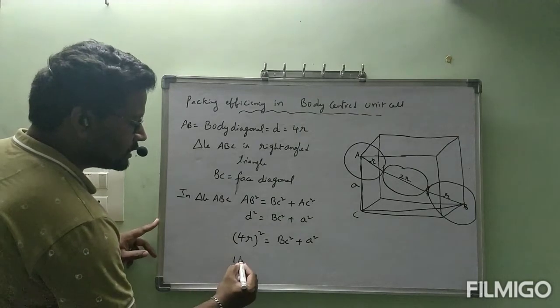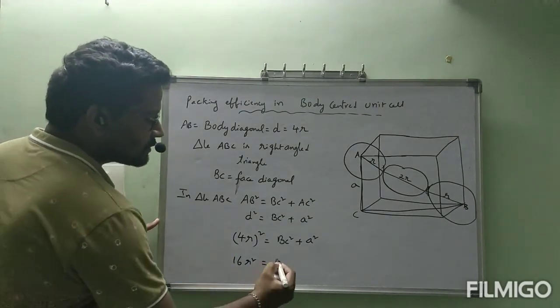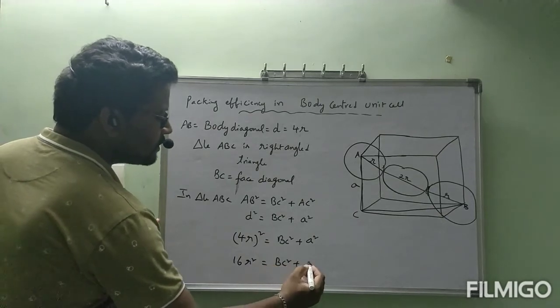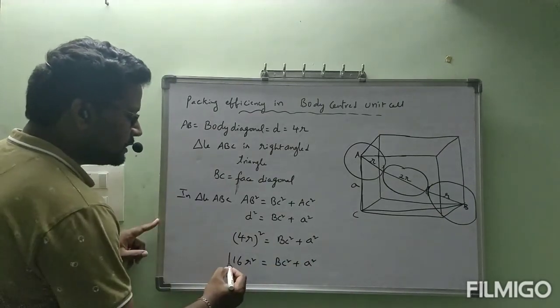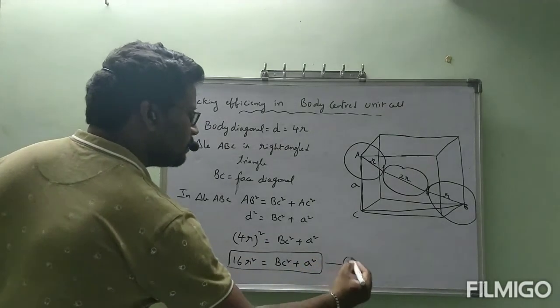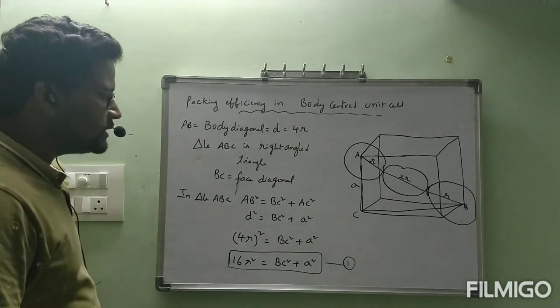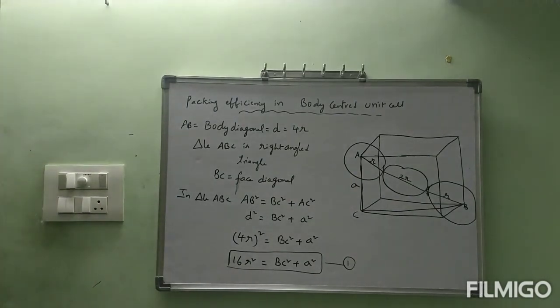Finally, 16R square is equal to BC square plus a square. Keep it as equation 1. All of you note down clearly.